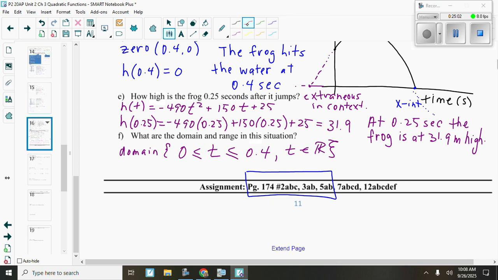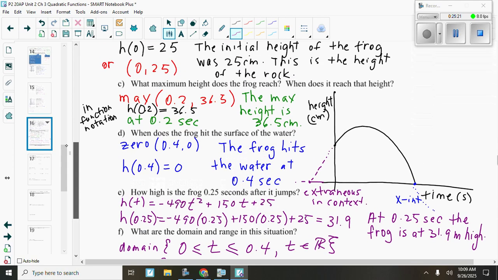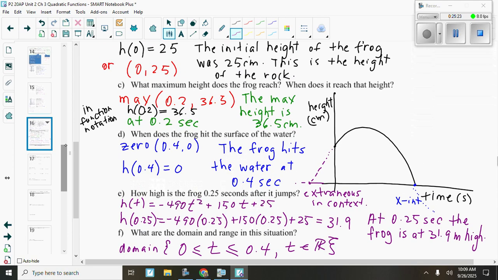All right, and then our range. So what's our low point for the range? What's the lowest height that we hit? Yeah, 0. What's the highest point that we hit? We just look up to your question and see what our maximum height was.